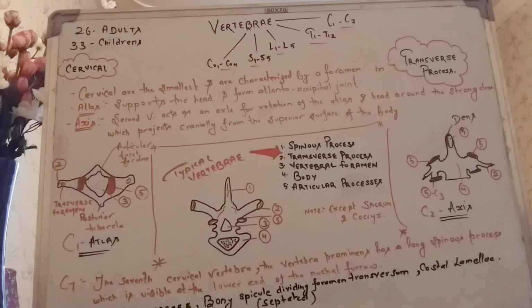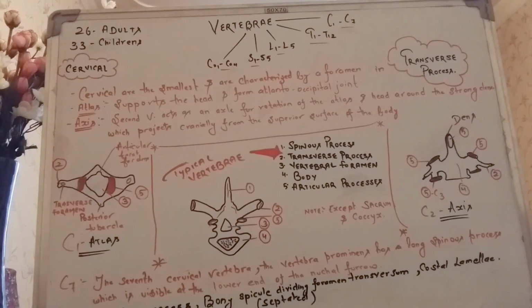So cervicals are the smallest, and the atlas, that is C1, supports the head and forms the atlanto-occipital joint. Atlanto comes from atlas, occipital comes from the occipital bone of the skull, and both articulate and form the atlanto-occipital joint.